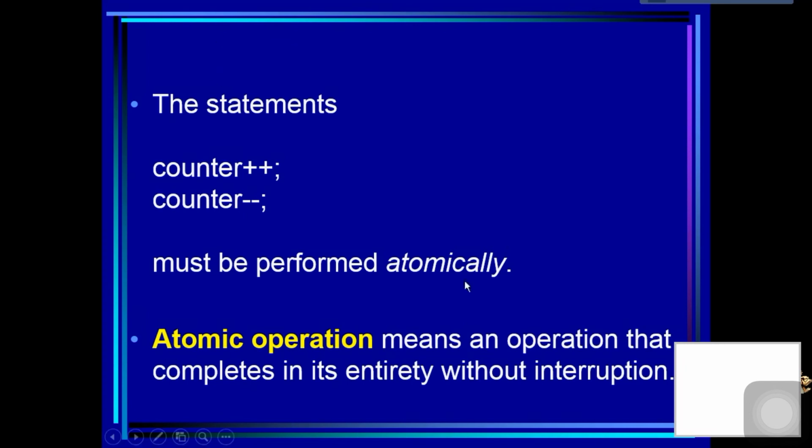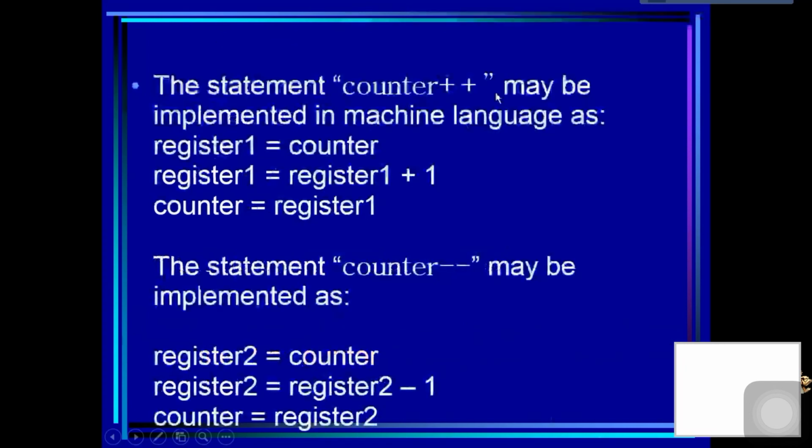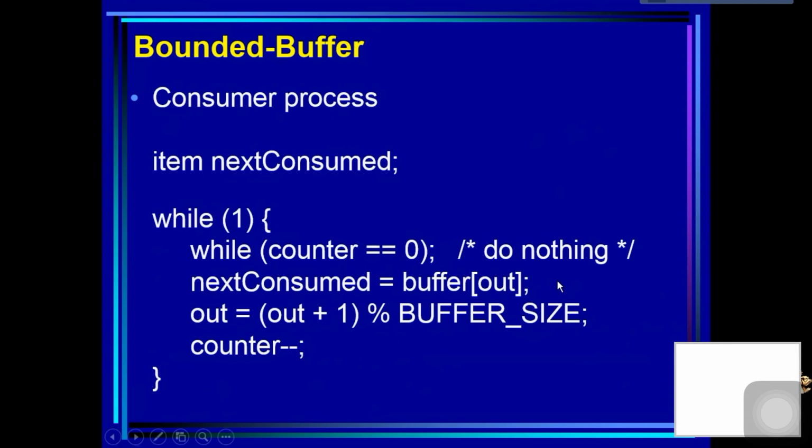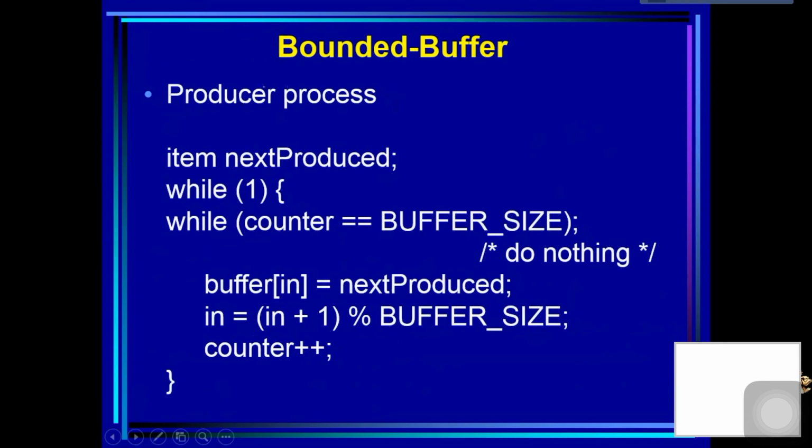Note that the statement counter++ may be implemented in machine language because in the producer process, this statement counter++ is a high-level language statement, so it must be compiled into machine-level instructions.